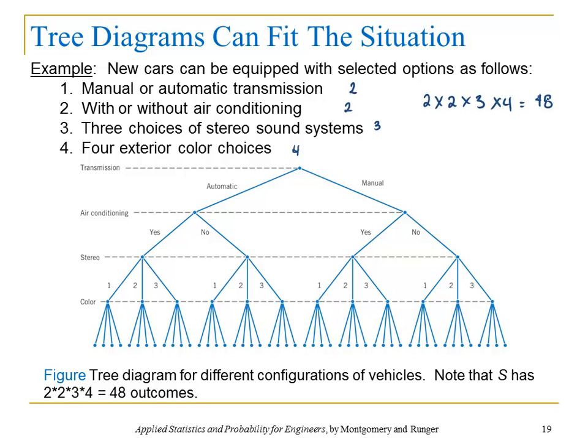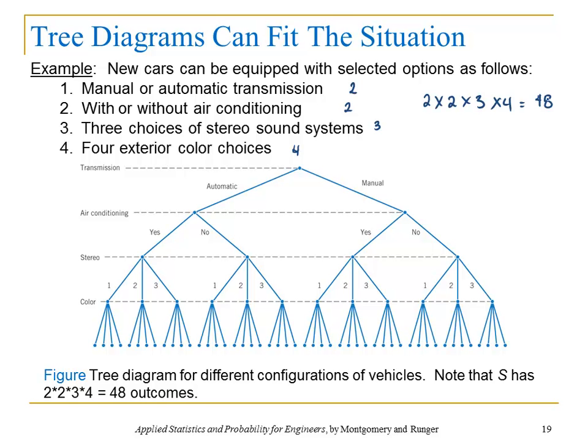So what are the chances that a customer will request a car with manual transmission, air conditioner, the first type of stereo, and red color? 1/48, correct.